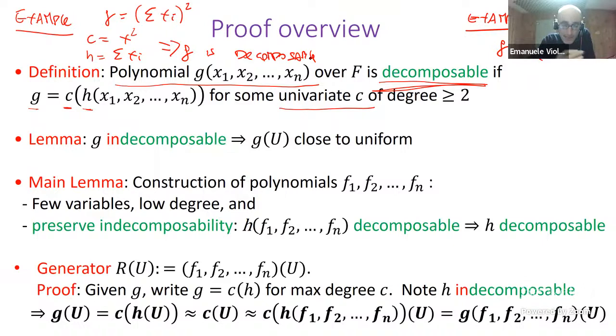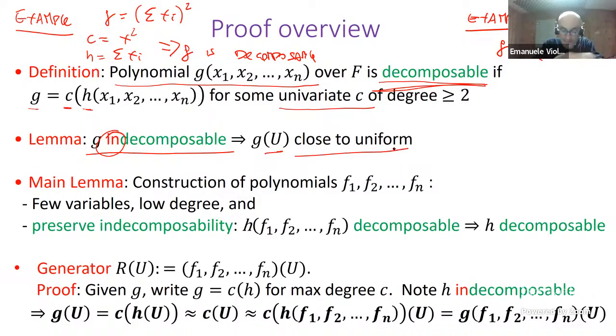And a lemma that we prove by putting together some results in algebraic geometry, which is important for this work, is that if you have any polynomial G which is indecomposable, that cannot be decomposed, a rigid thing, then in fact the output distribution of G over uniform inputs is close to uniform.